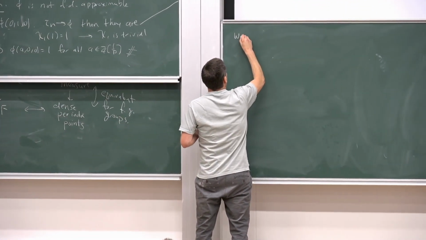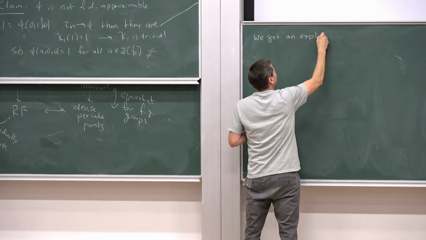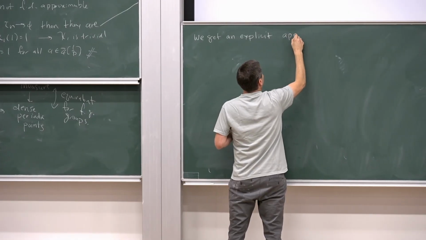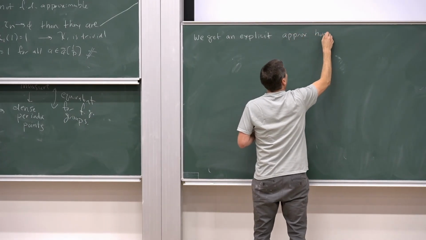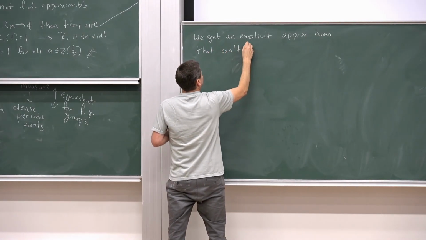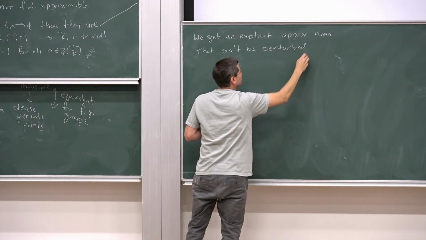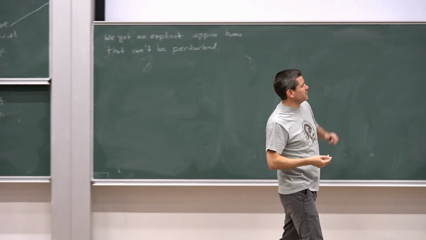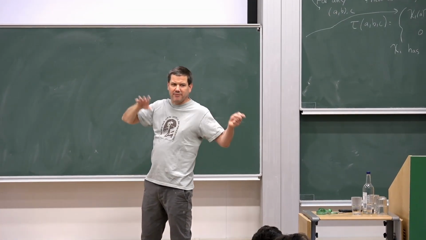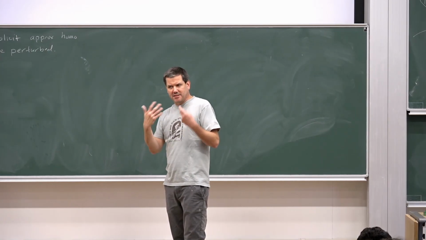So now we get explicit approximate homomorphisms, because the approximate homomorphism that I give you, if it can be perturbed, that means precisely that I can approximate that trace by finite dimensional traces. Okay, so you just quotient out by n, and what's left is an amenable group.